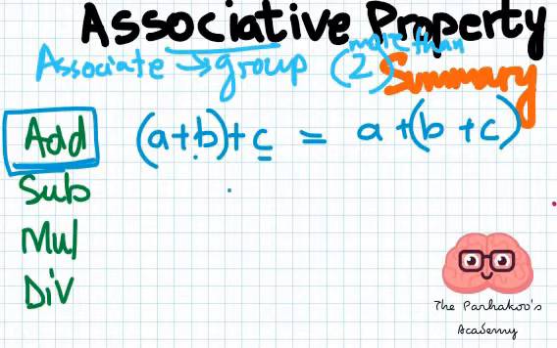In subtraction, it is not valid because the way you group matters, the way you place elements matters in subtraction, so the associative property is not valid.